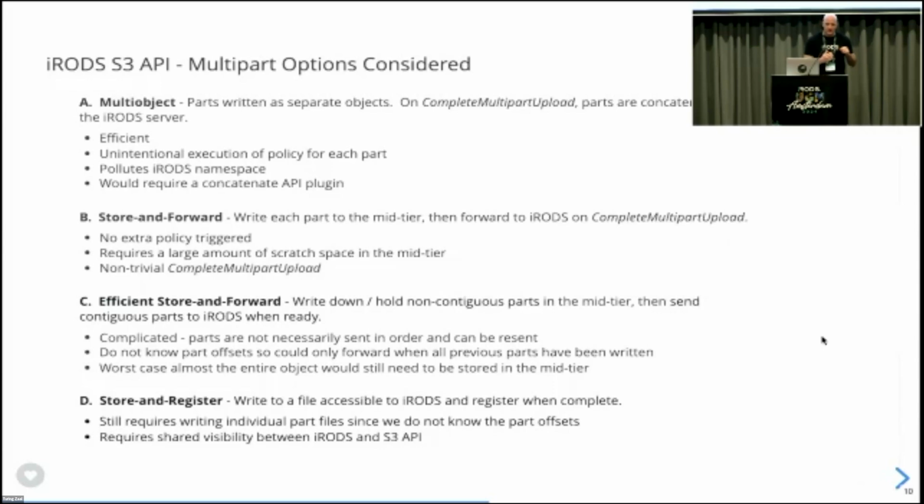We would store each part on the S3 API server, and then once complete multipart upload executes, we would create the file in iRODS and have a bunch of threads write to iRODS. There was also an efficient store and forward, the idea being to do store and forward a little bit more efficiently, and I'll talk more about that as well. And finally, there was store and register.